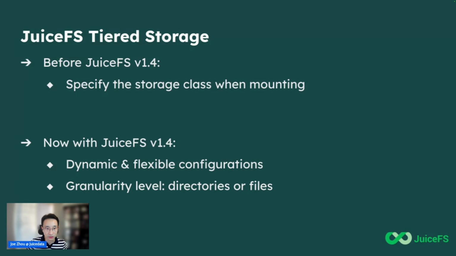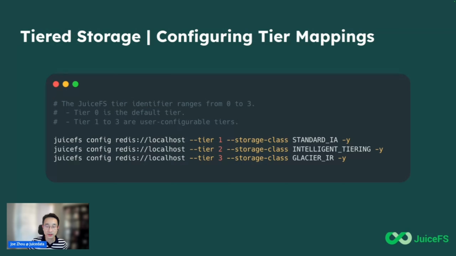All right, so let's see how we achieve this. The first step when using this feature is configuring the tier mappings. JuiceFS supports plenty of object storage services, and each of them may call storage classes differently.